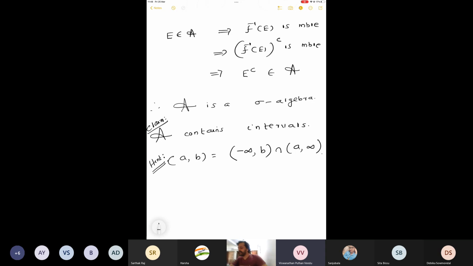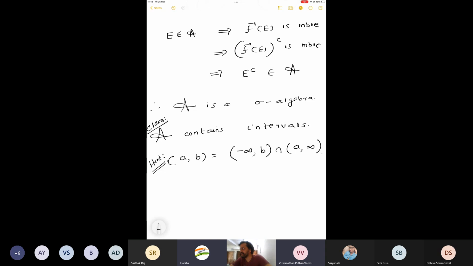The basic facts that we need are the following. A is a sigma algebra, which we already fully proved, and A contains intervals, which I have claimed with the hint. Now use these two facts: A is a sigma algebra containing all intervals. Once a sigma algebra contains intervals, it contains all Borel sets. Do you agree? Yes, sir. Why is it so?